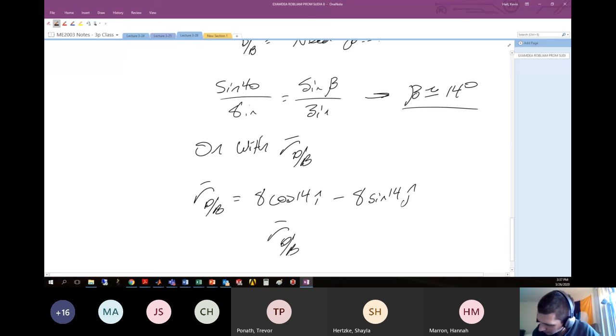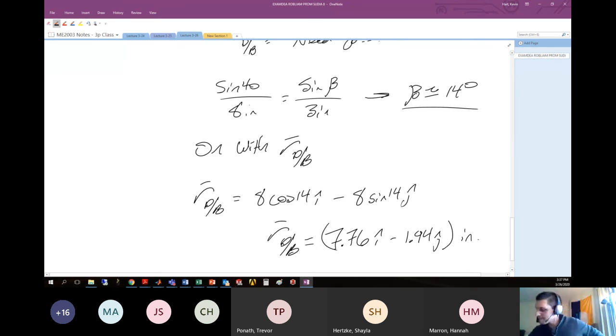So the position vector locating D from B, after we work our math, is 7.76 I hat minus 1.94 J hat, and this is in inches.